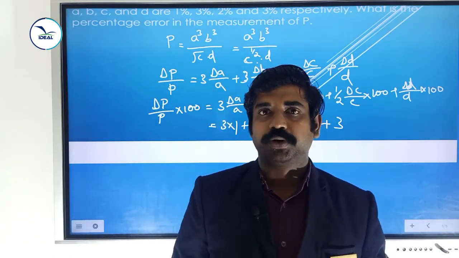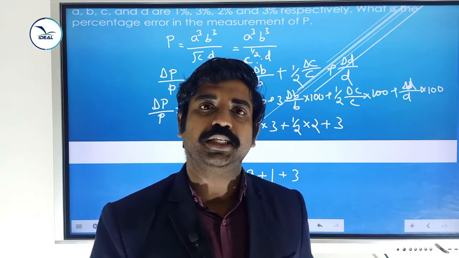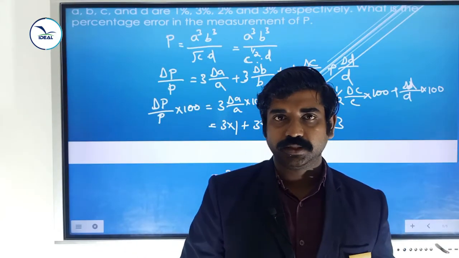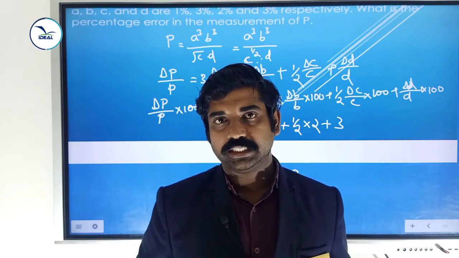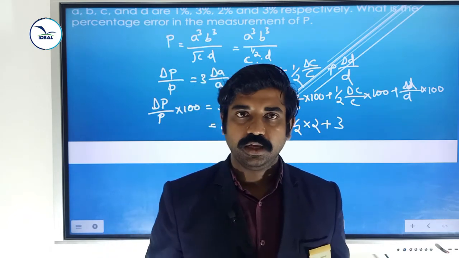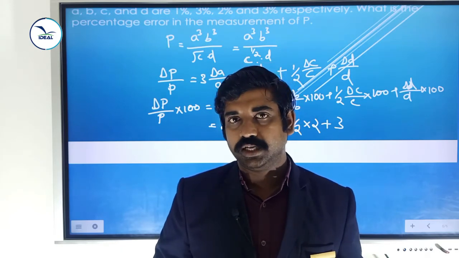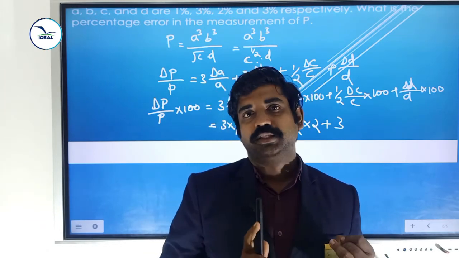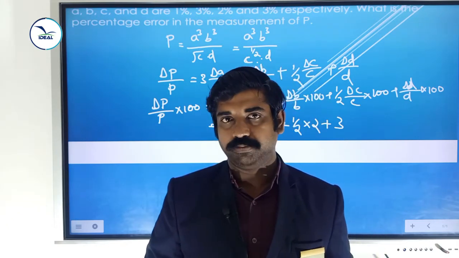Okay, these are some problems related to today's topic. So our chapter is over. So just revise the things. First, we studied about quantities, fundamental quantities, derived quantities, then fundamental units, derived units, how we are going to measure the terms, and then system of units: CGS system, MKS system, FPS system, SI system.